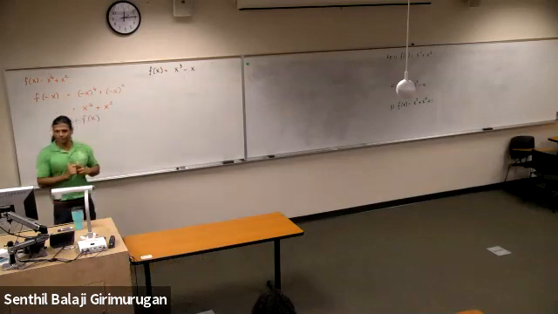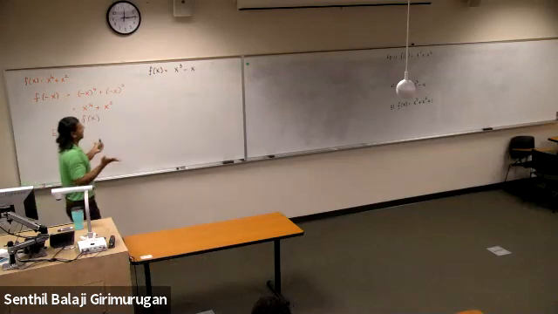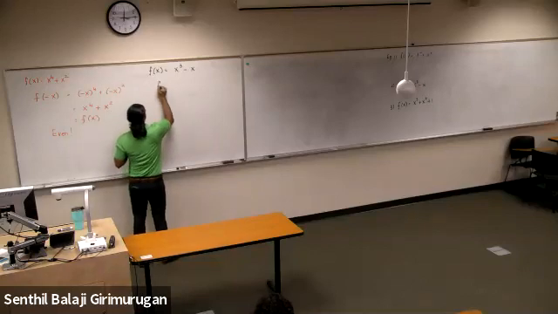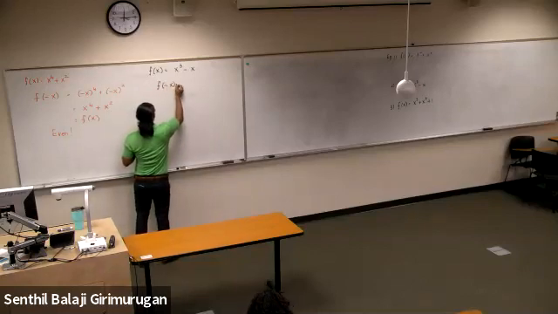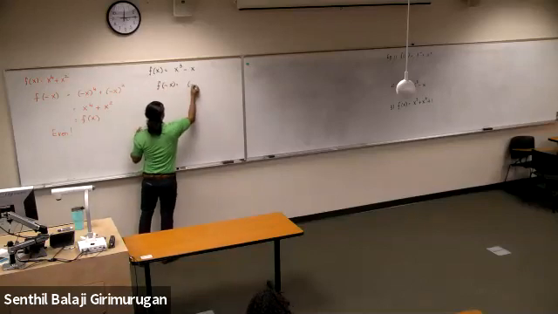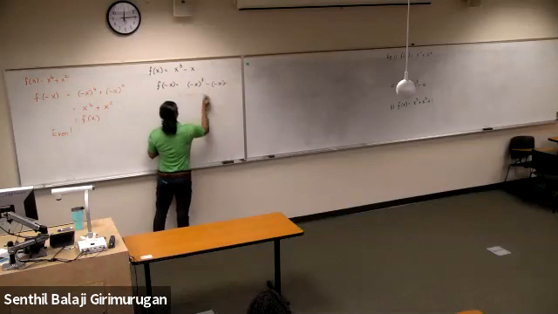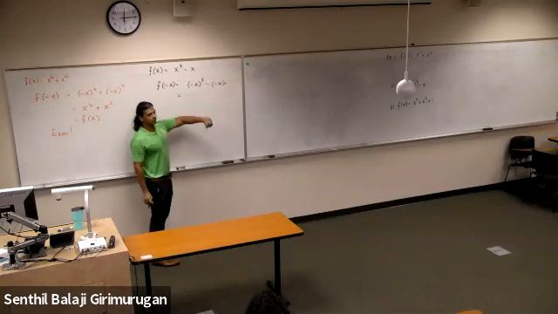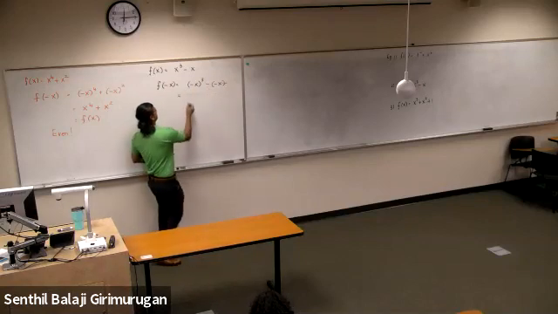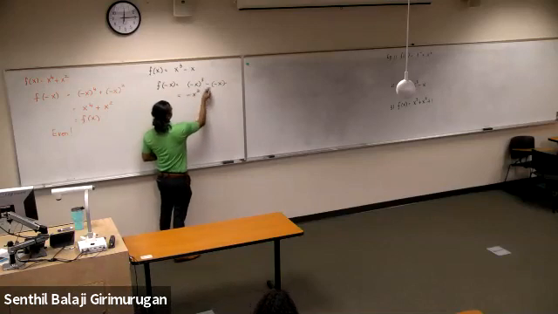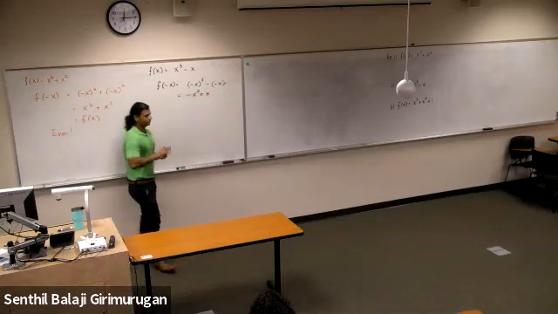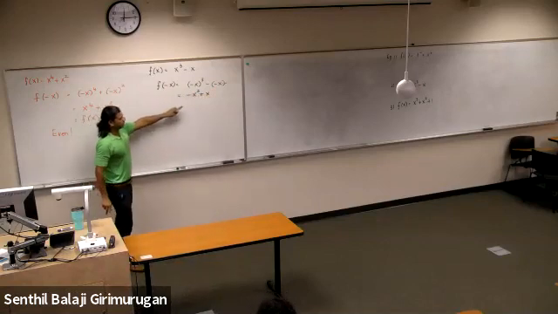X cubed minus x, we have to replace by negative x. So we will have negative x cubed, negative of negative x. Negative 1 cubed is negative. You have negative x cubed. Negative times negative is positive x. Pay close attention.